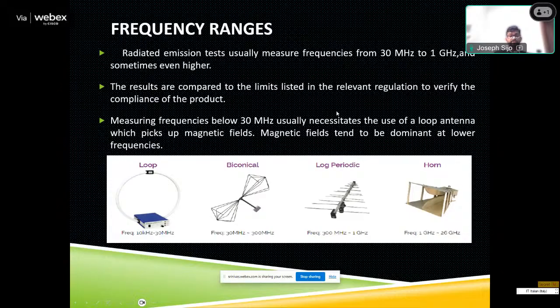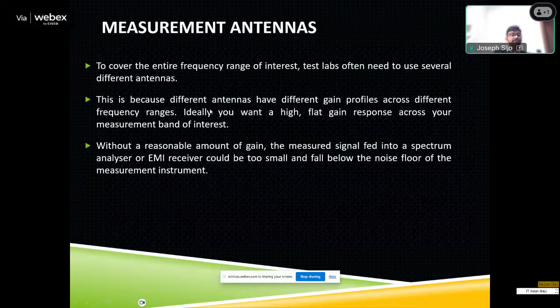Maybe some products will go up to higher gigahertz, depending on the product and the standard they are using. And the different antennas have different gain profiles across different frequency ranges. Ideally, you want a high flat gain response across your measurement band of interest.